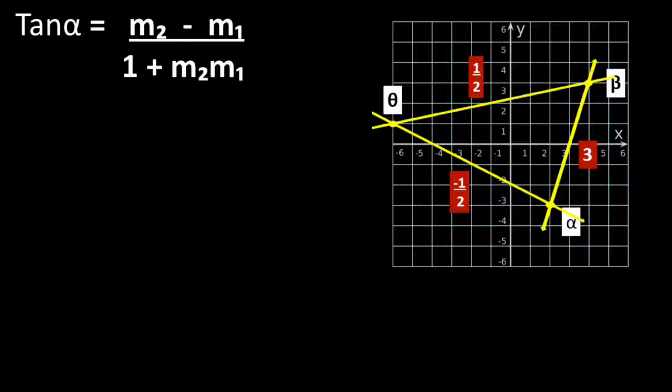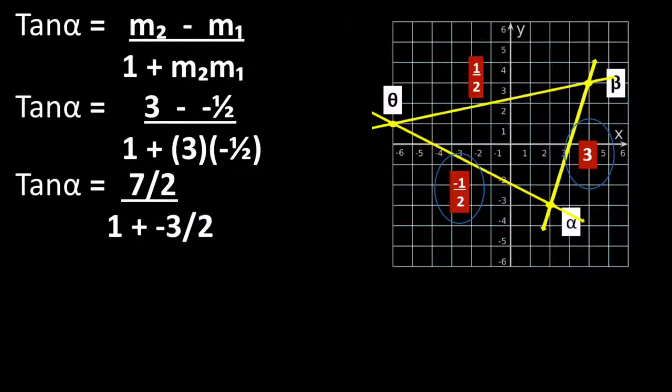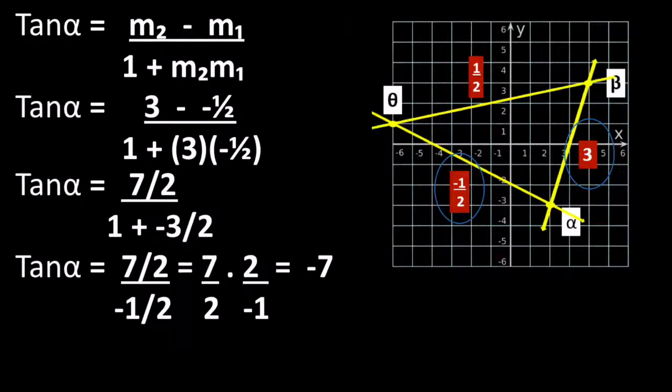We would still use the formula we've derived earlier by substituting negative 1/2 and 3. So it would be tangent alpha equals 3 minus negative 1/2 over 1 plus 3 times negative 1/2. It would be tangent alpha equals 7 over 2 over 1 plus negative 3 over 2. Then it becomes 7 over 2 over negative 1/2.